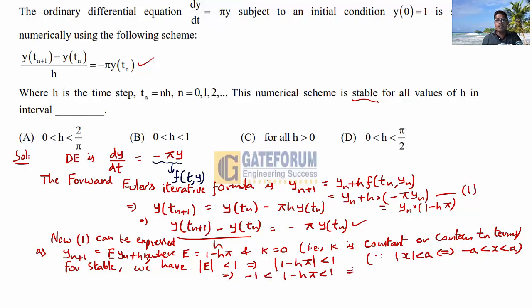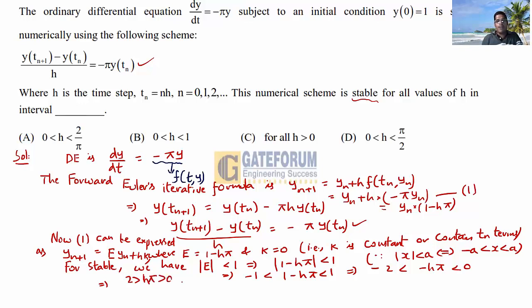First eliminate 1, subtracting 1 from all three terms, which gives minus 2 less than minus h pi less than 0. Multiplying all three sides by minus, the inequality symbol will be reversed. So 2 greater than h pi greater than 0.